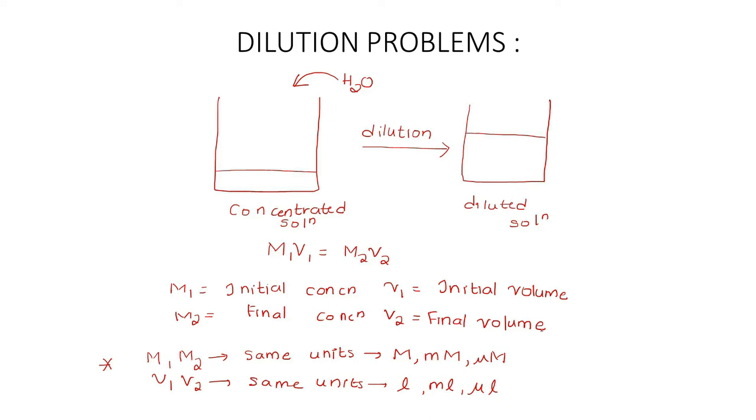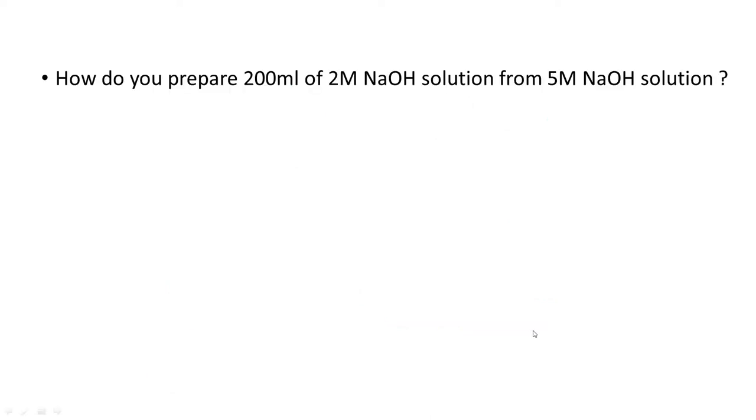Keeping all these things in mind, let us solve some dilution problems. So the question says, how do we prepare 200 ml of 2 molar NaOH solution from 5 molar NaOH solution? Okay, let us try to understand the given question and write the given values.